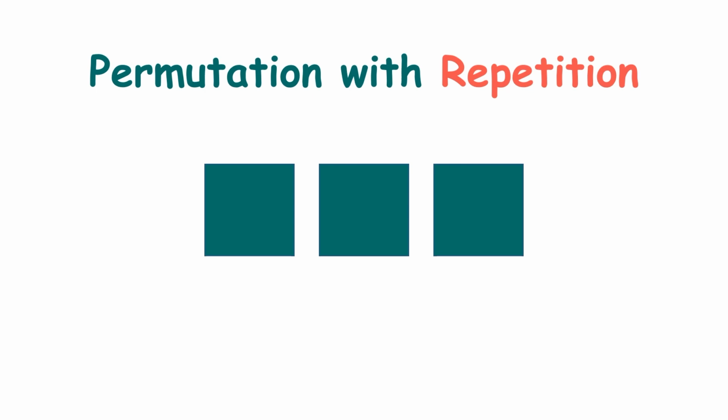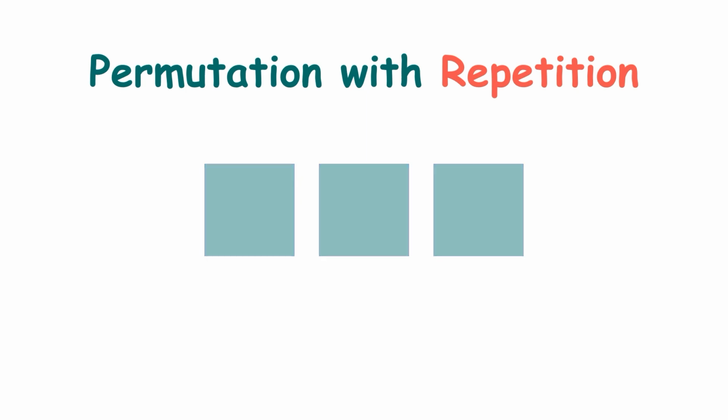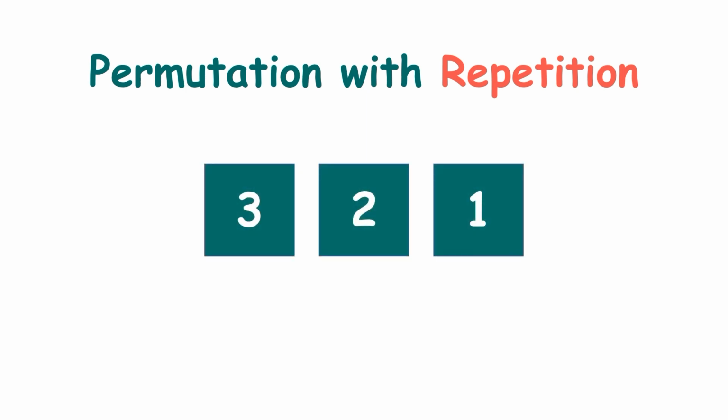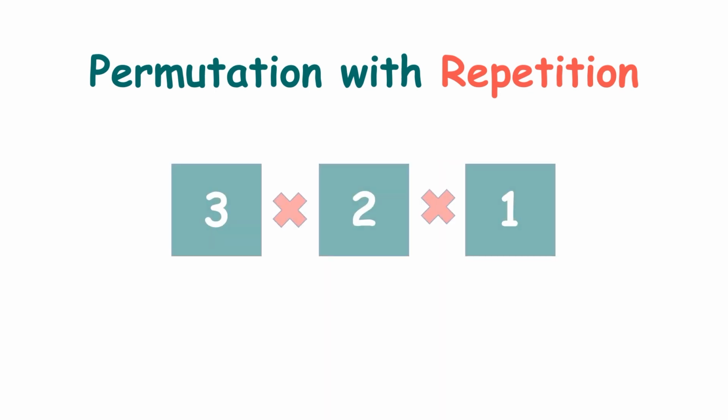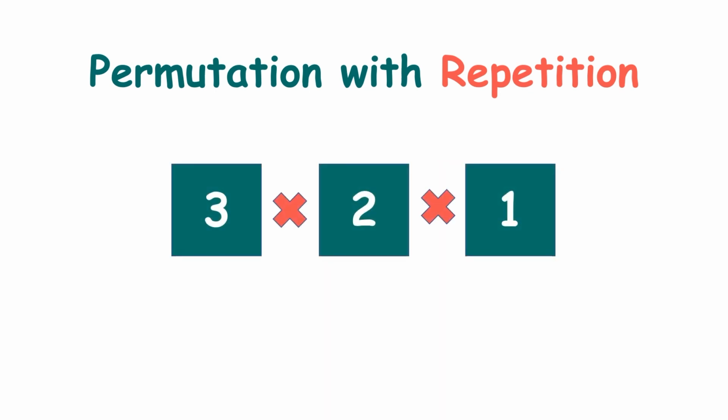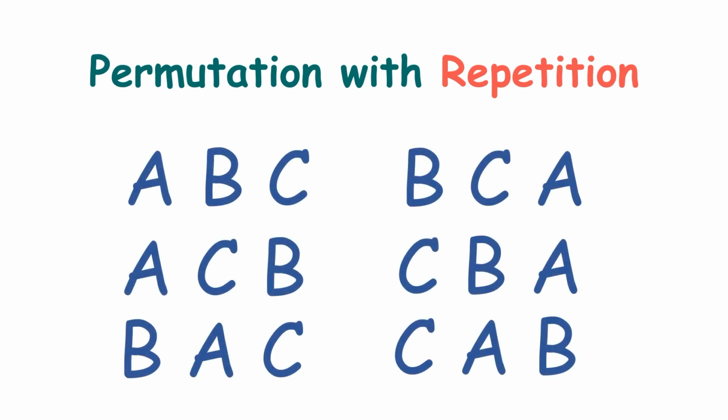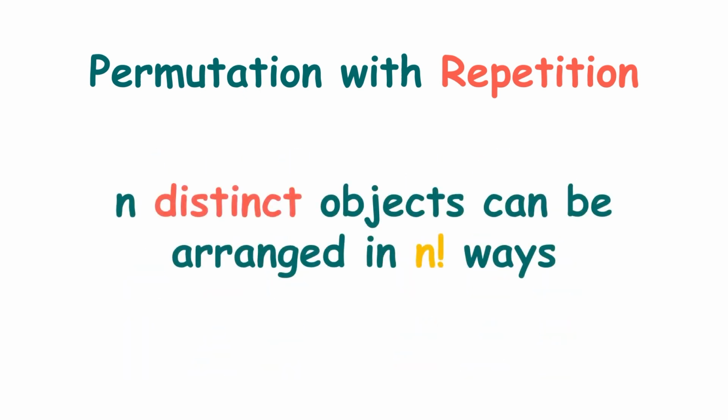It could be A or B or C. But as we use one of the options, we are left with only two options in the second place, and then only one option in the third place. So using the fundamental theorem of counting, the total number of arrangements is equal to 3 times 2 times 1, which is equal to 6, or we can think of it as 3 factorial. And these are all 6 arrangements. So this is the fact that n distinct objects can be arranged in n factorial ways.